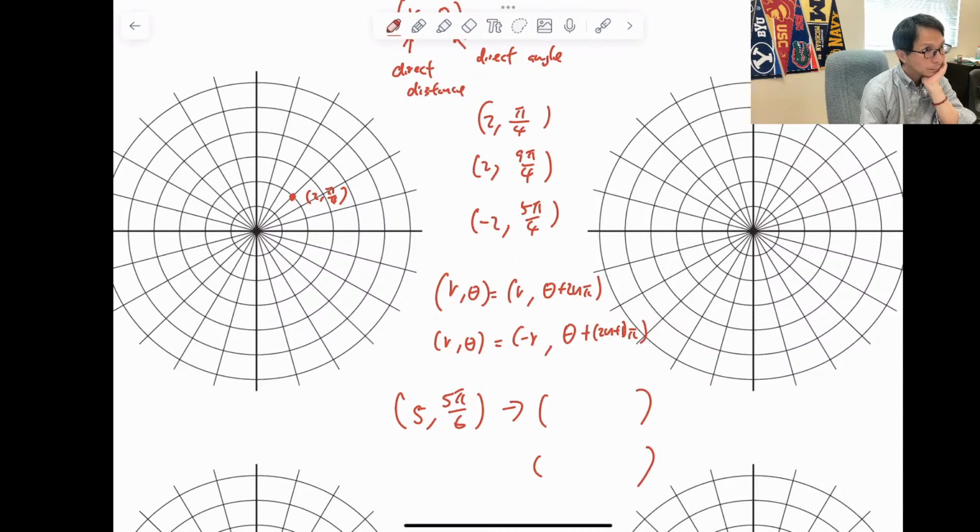Let's give you exact ones. Exact same coordinate, but one has positive r, one has negative r.